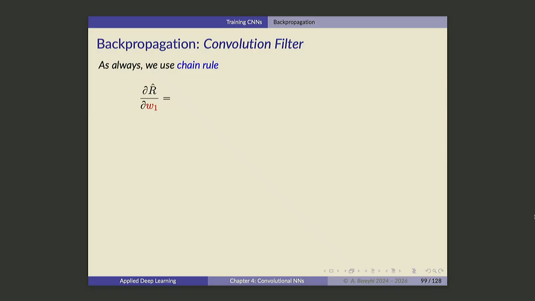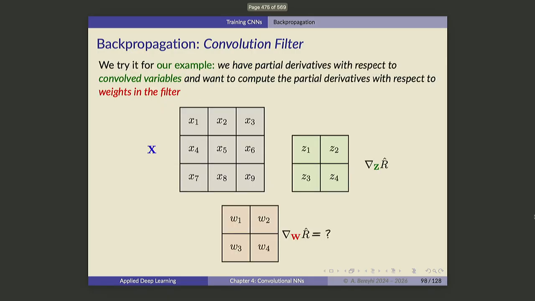Now, since you're talking about weight 1, you write it in this form: the gradient with respect to all outputs times the gradient of each of them with respect to W1, right? Everybody's cool? Questions? Now, can you tell me what is the gradient of Z1 with respect to W1? What is it?